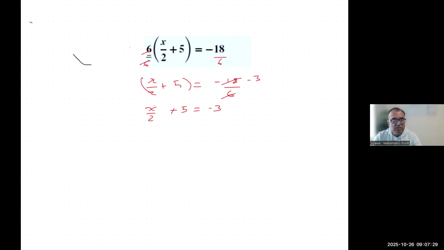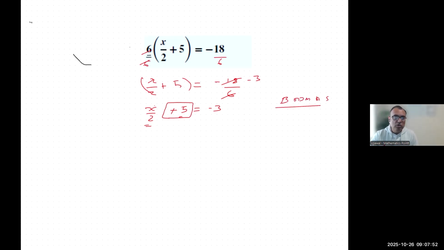All right. So next, now I can get rid of this 2 or I can get rid of this 5. It's my wish. So the easiest way is to get rid of the addition or subtraction first. Always, always. You've heard something called BODMAS, right?